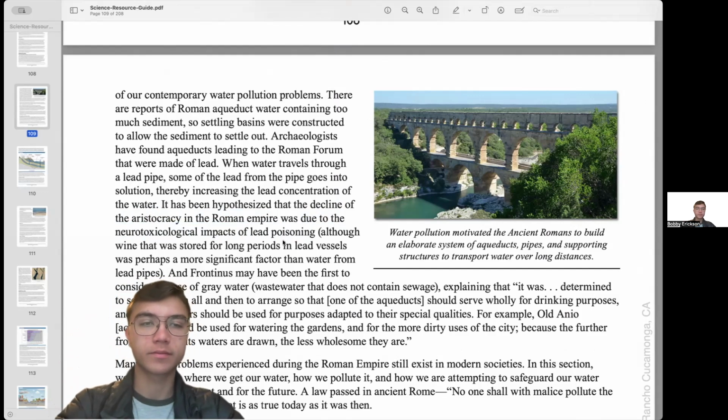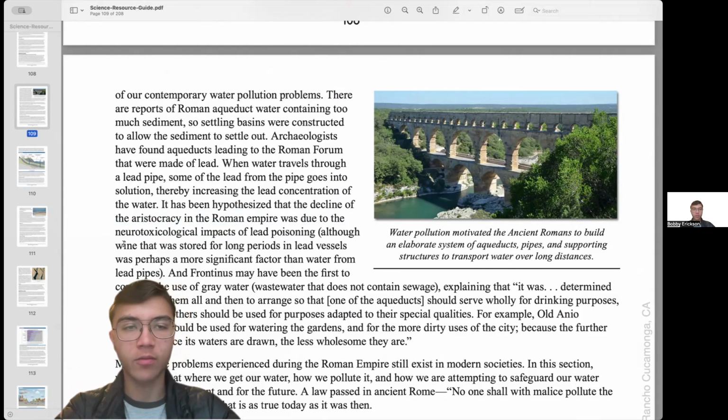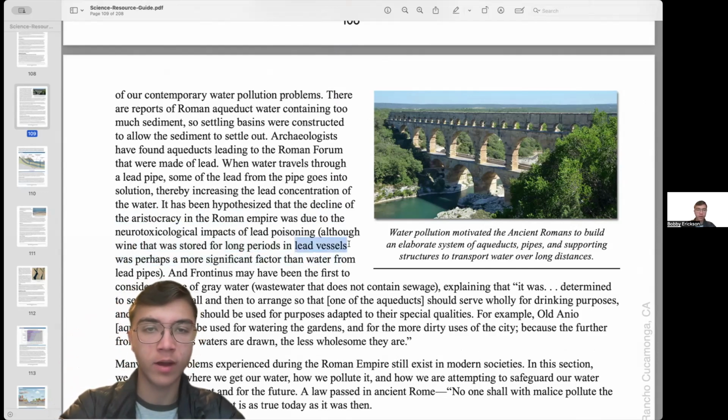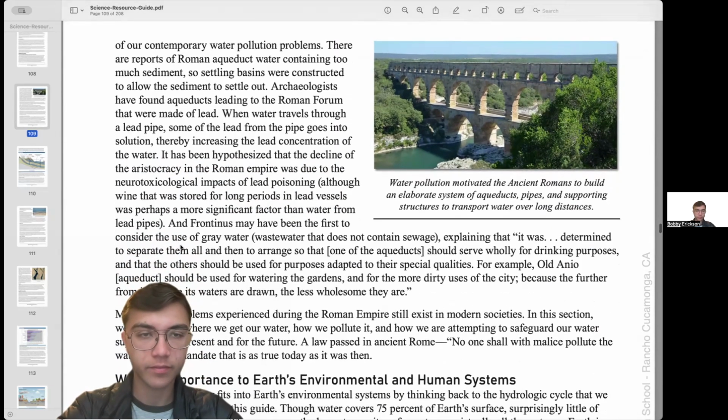I would say this is also very important: wine was also stored in lead vessels. They used lead to store wine, and they drank wine a lot, just like water. So it could have been a more significant factor than water that had to do with lead pipes or lead containers.